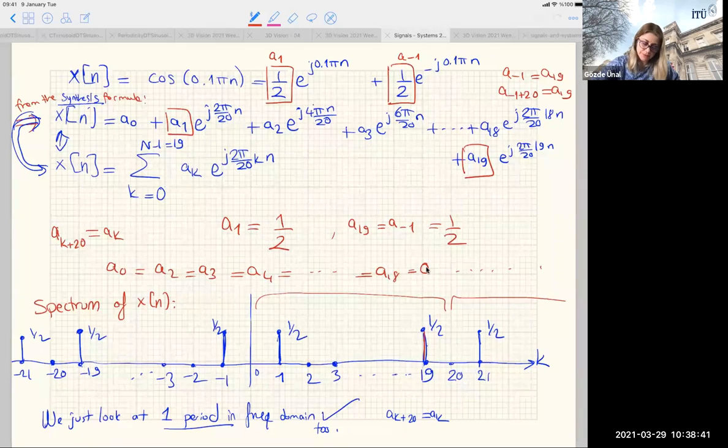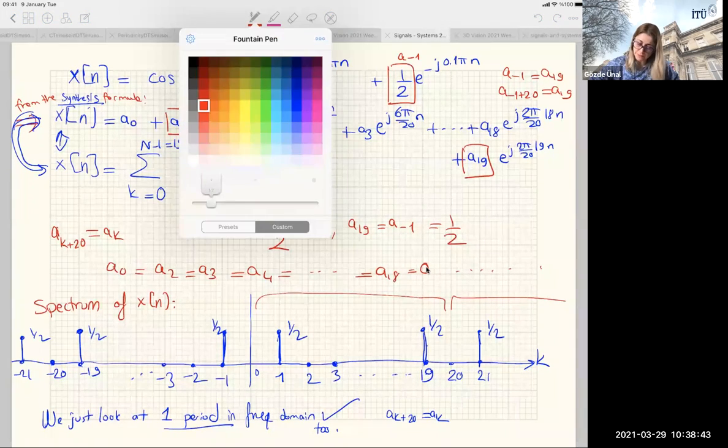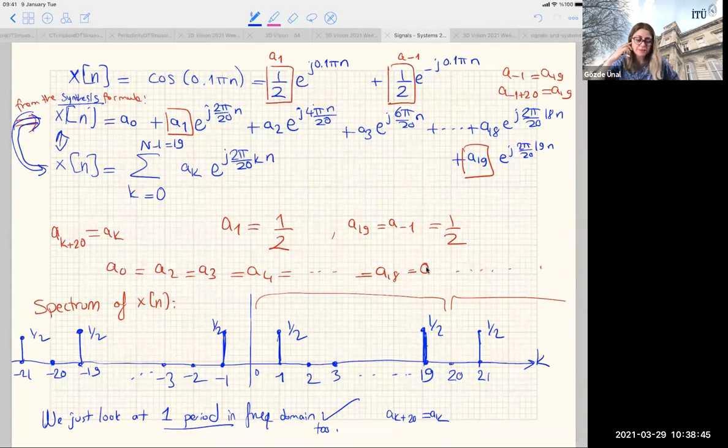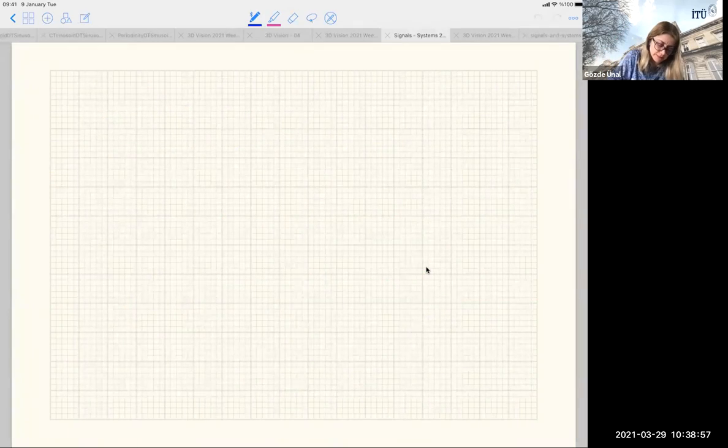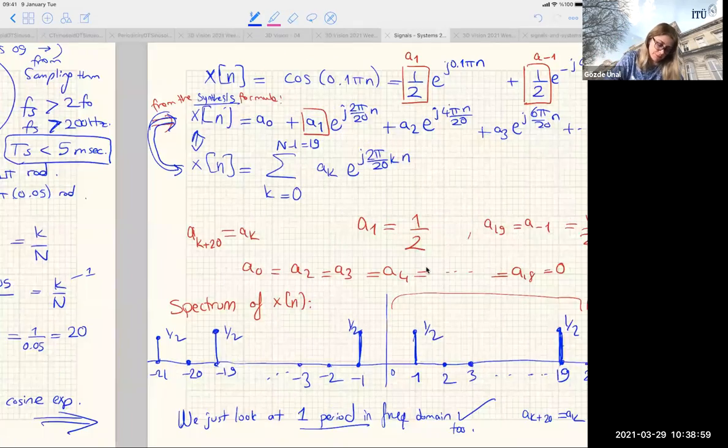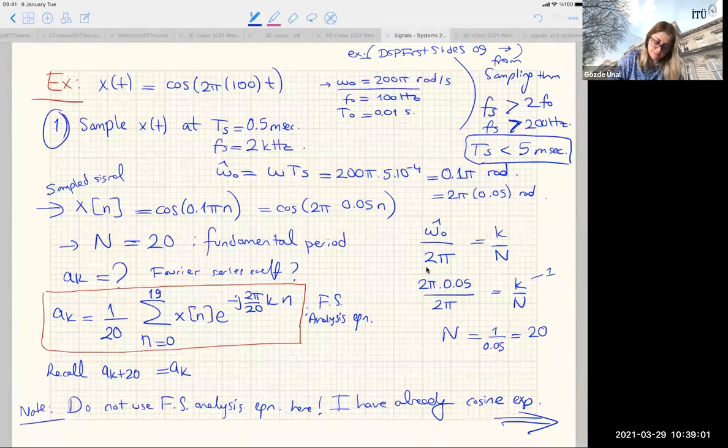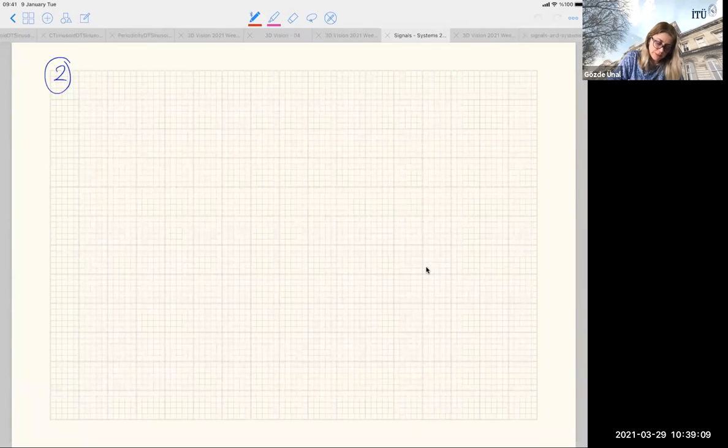But guys, look at this case here. The form of the spectrum changes with respect to the sampling frequency. It was repeating every 20. Now change the sampling frequency. This was the first case, remember? We sampled at TS 0.5.